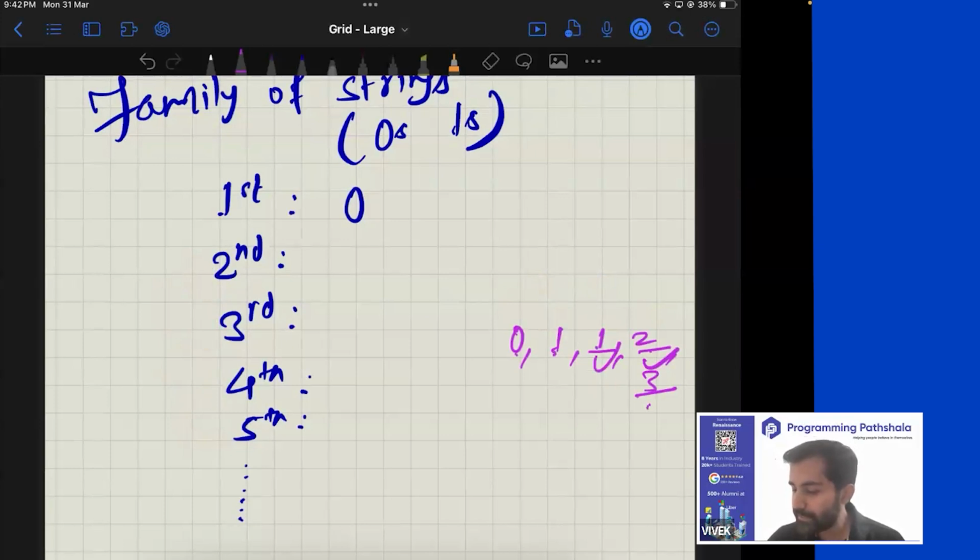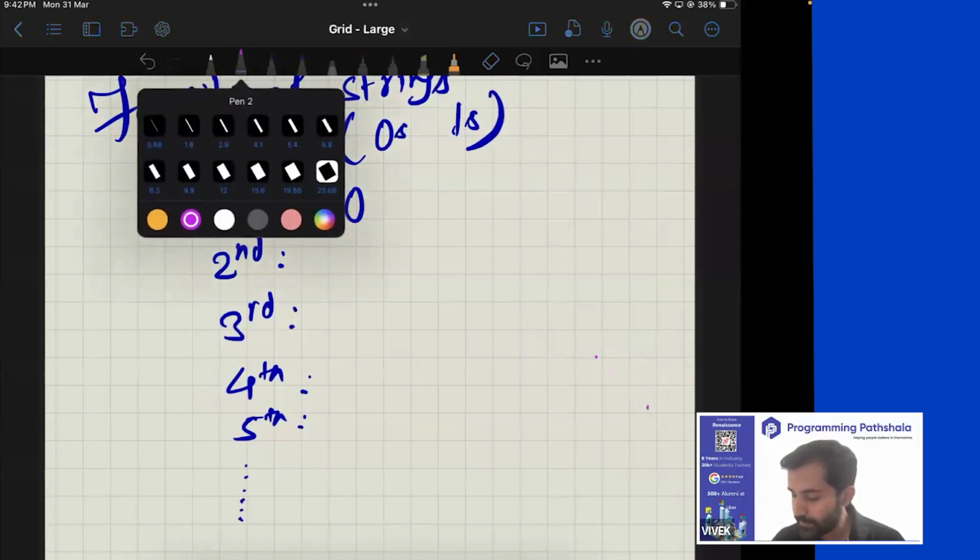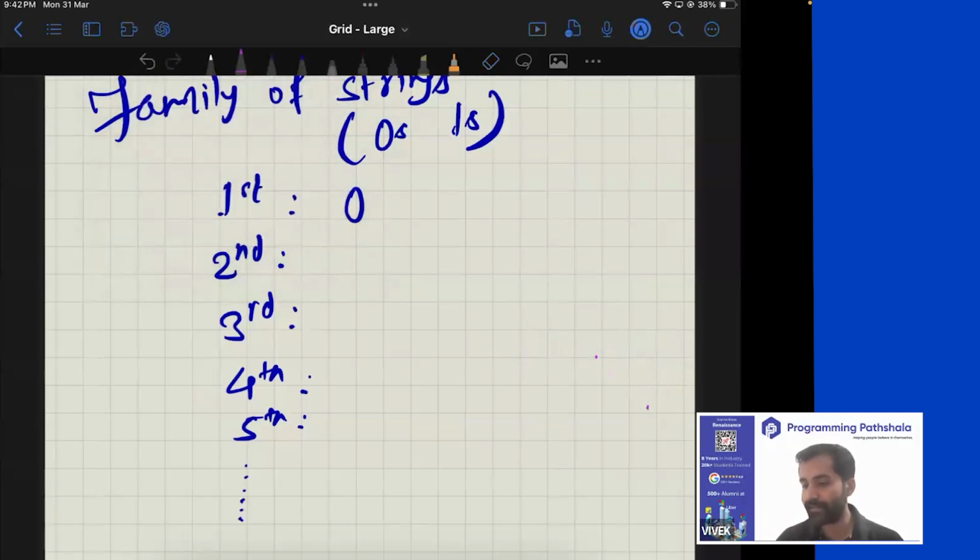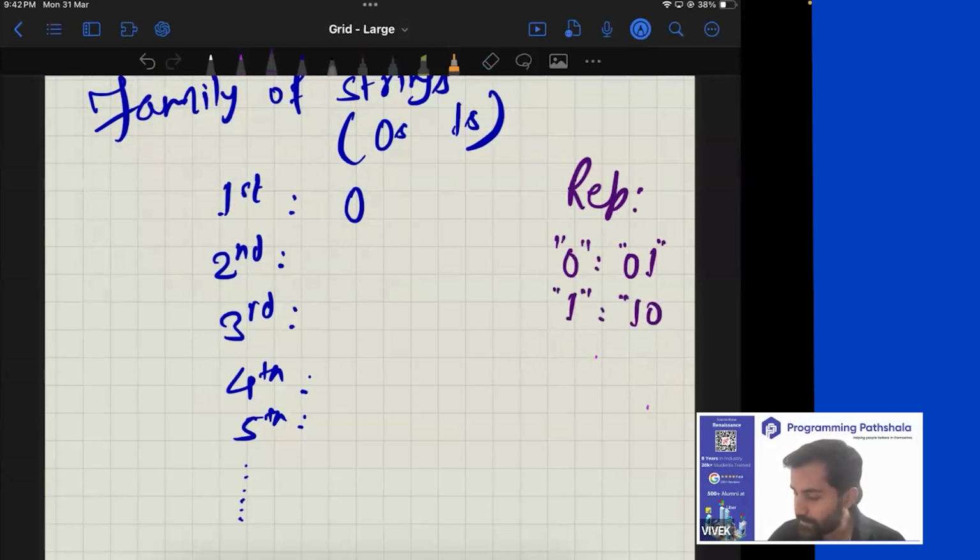The same thing I am saying here, but here the situation is a little different because here we have strings. But all that I'm saying is that every string is born out of the previous string. Now how? We look at the previous string and we replace, this is quite important, every 0 by 0, 1, and we replace every 1 by 1, 0.